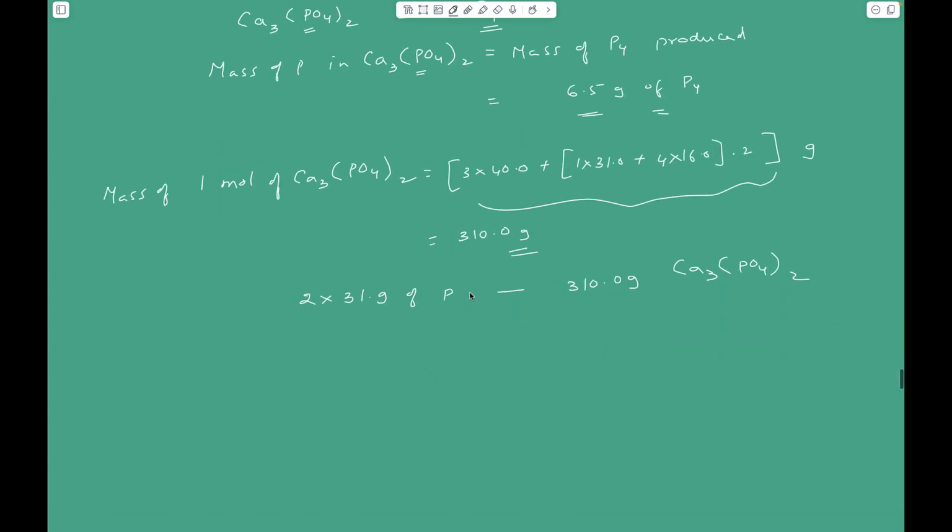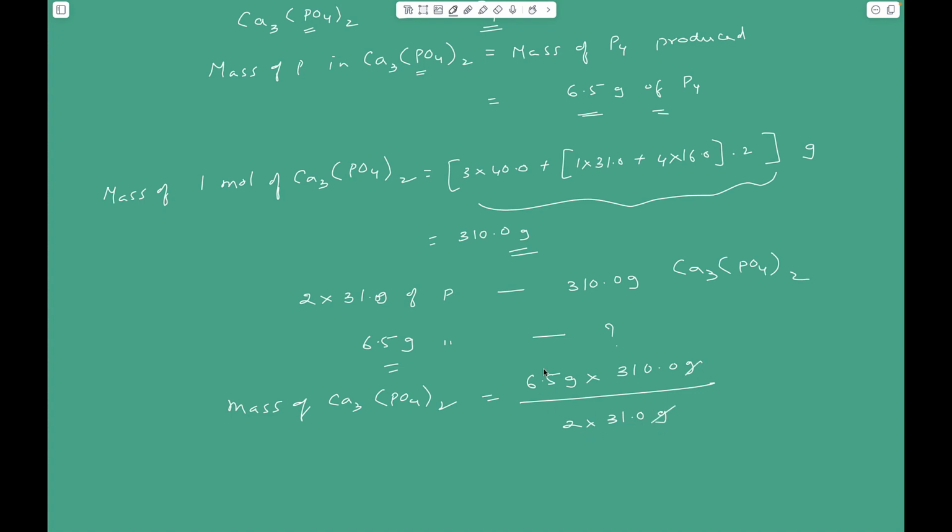right? But we are producing 6.5 grams of phosphorus. So for that, how much calcium phosphate is needed? So the mass of calcium phosphate needed to produce 6.5 grams of white phosphorus would be 6.5 grams multiplied with 310 grams over 2 times 31 grams.